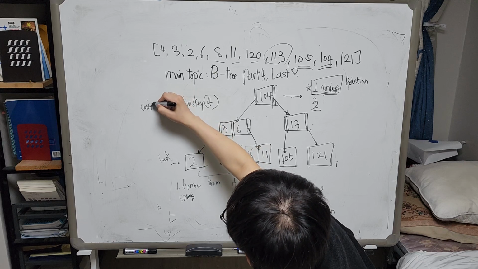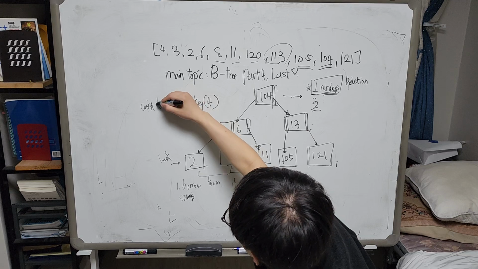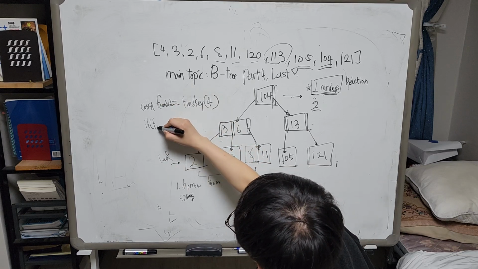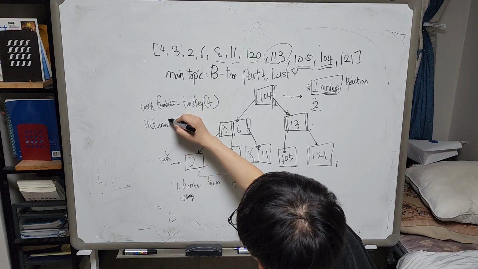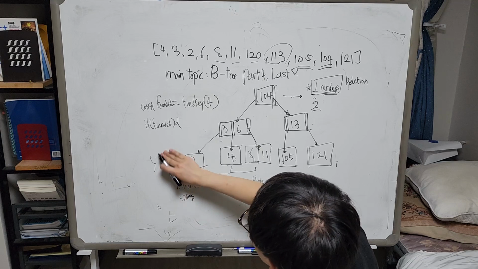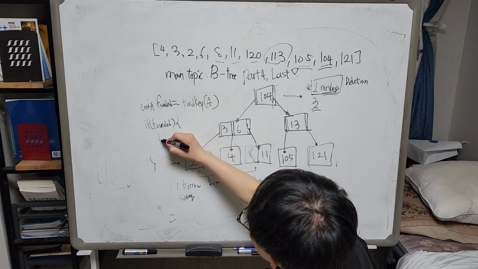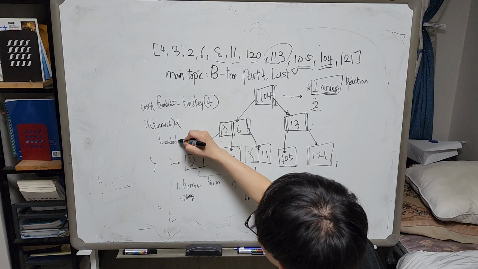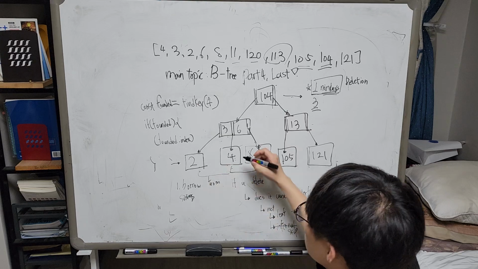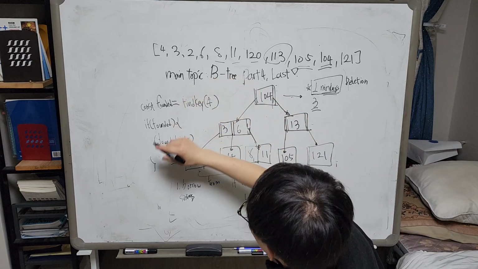Let's say const founded. This variable name is really bad, but founded. And inside founded, let's say you put some metadata. For example, founded index, which is the index of the key that was found, which is 0 here. And your current node.